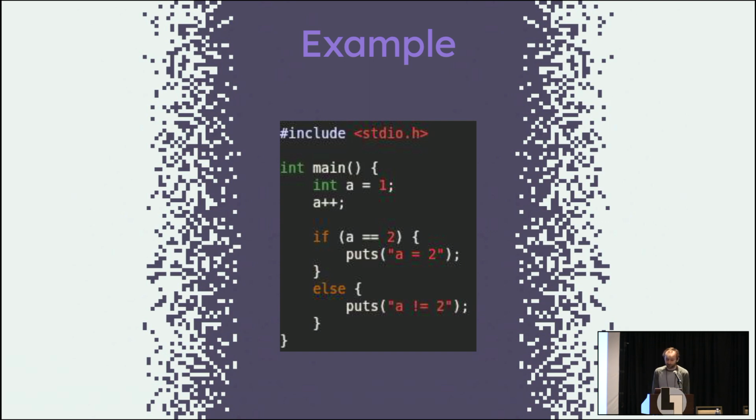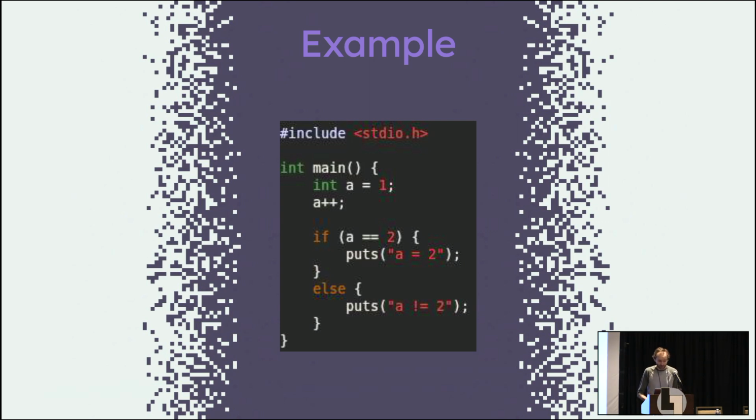Based on that comparison, we're going to print some message. Anyone could tell you that the first one, puts a equals 2, is always going to be executed because there's really no variability here. So if you give this to GCC and give it any opportunity to optimize, it's just going to turn this whole thing into puts a equals 2, because it can tell that everything else is unnecessary.